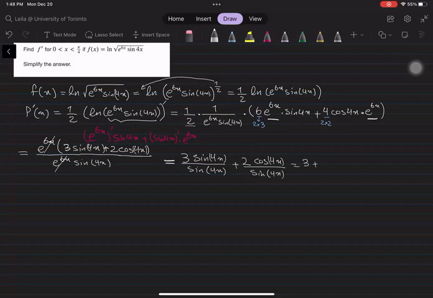So you have 3 plus 2, and then you know cosine divided by sine is cotangent. So I have cotangent of 4x.